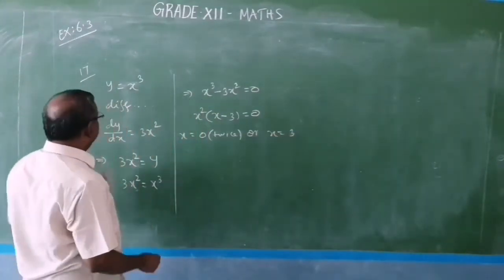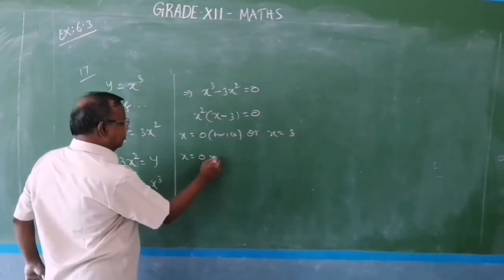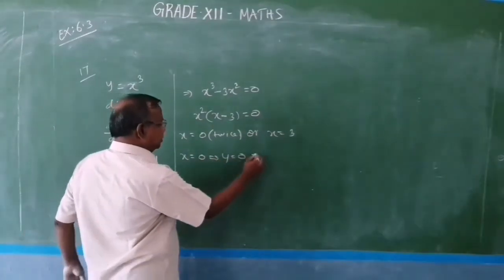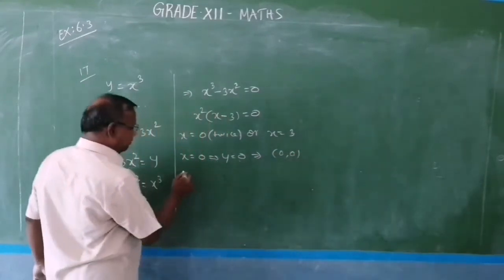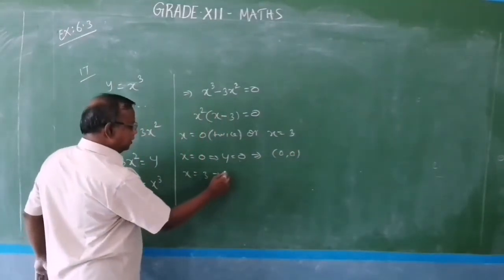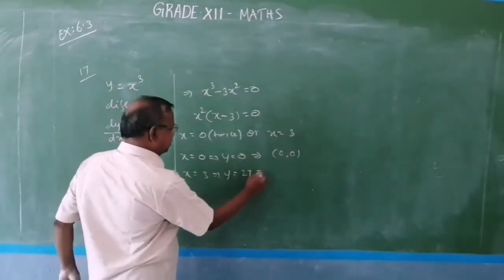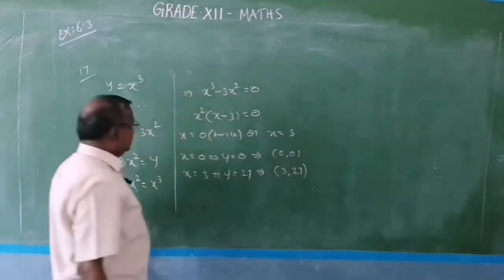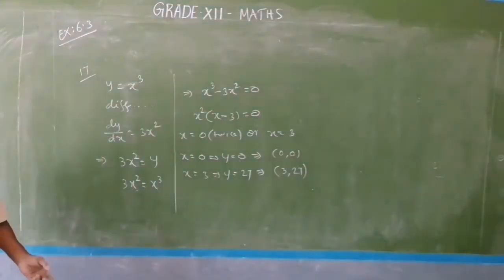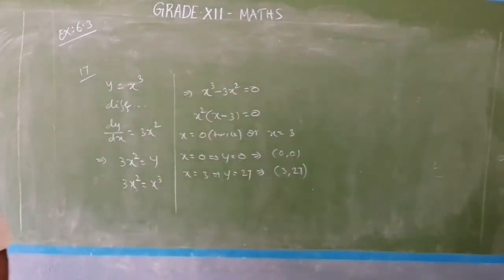When x equal to 0, we have y is also 0. Therefore one of such points is 0 comma 0. When x equal to 3, we have y equal to 27. Therefore the other point is 3 comma 27. Therefore the required points are 0 comma 0 and 3 comma 27.